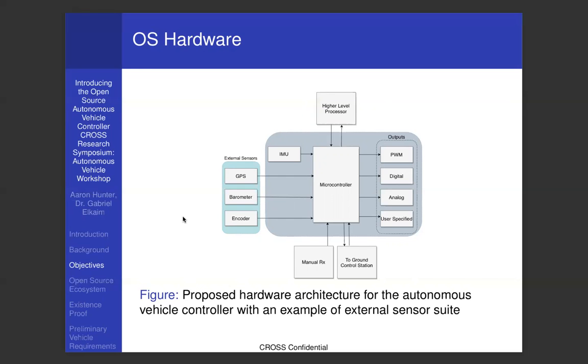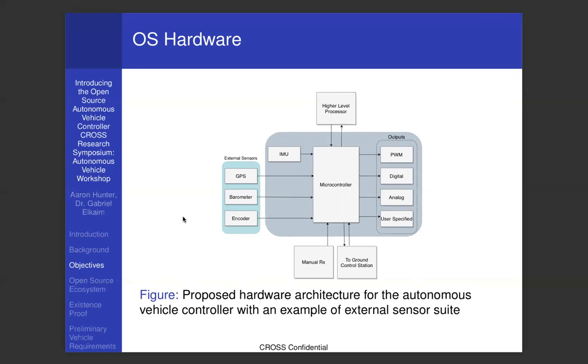And then the microcontroller will also provide a variety of outputs, the most common of which would be a PWM signal or a digital signal. But there might be some user-specified outputs that they can provide as well. And there will be plenty of connectivity to allow that sort of output.